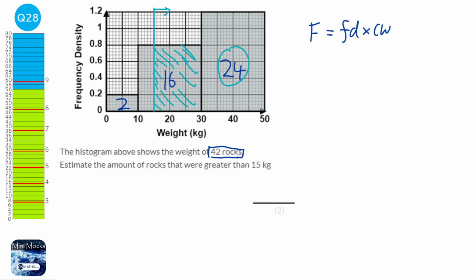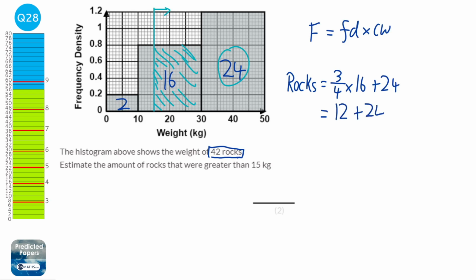Well, it's 4 squares wide and we're looking at 3 of the squares. So it's going to be 3/4 of 16. So the amount of rocks we're looking for is going to be 3/4 of the 16 plus the 24. So the 3/4 of the 16 will be 12 plus the 24, which will be 36.